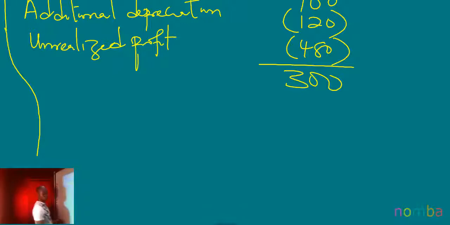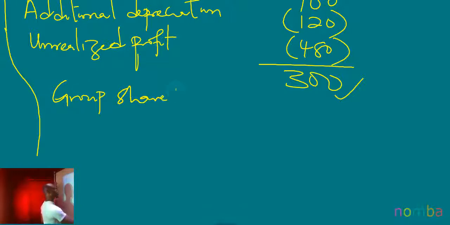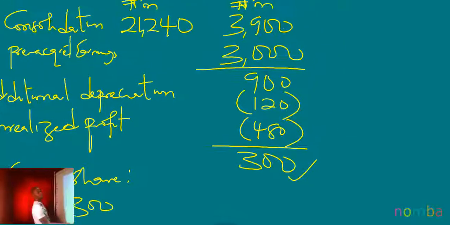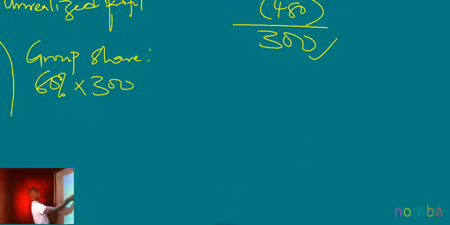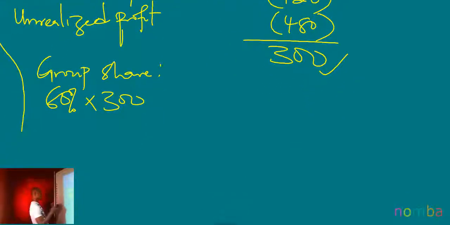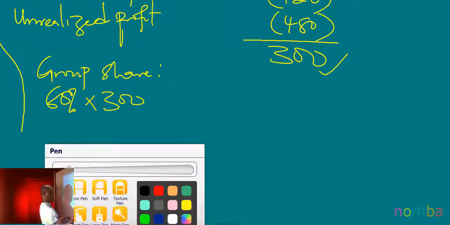Now this 300 million will be shared between the parent entity and the non-controlling interest. So let's have this group share, and that will be 60% multiplied by 300 million. Press your calculator. What will it give you? That gives me 180.